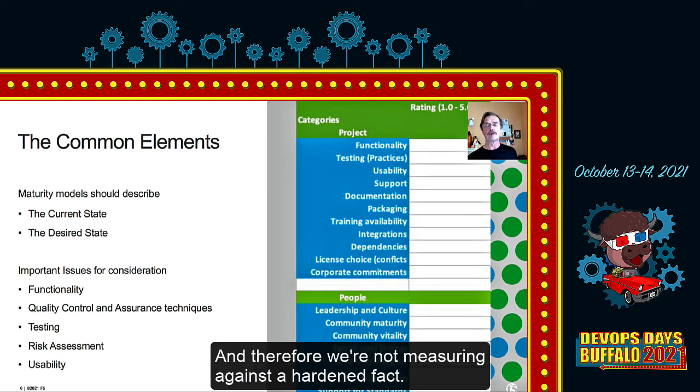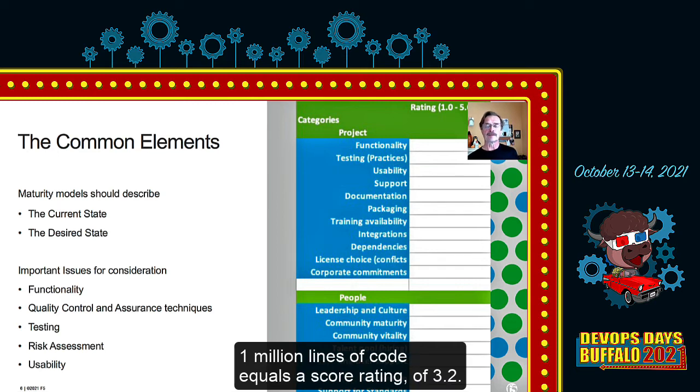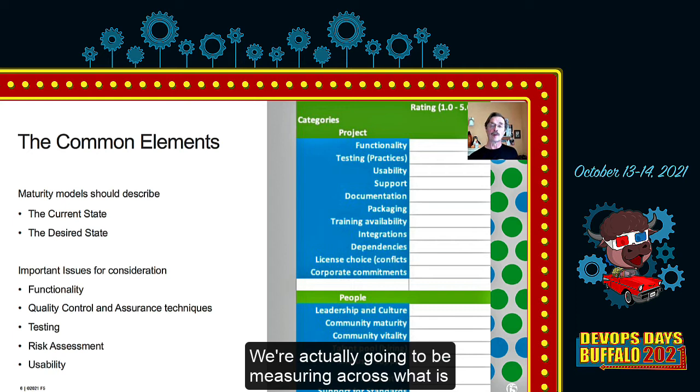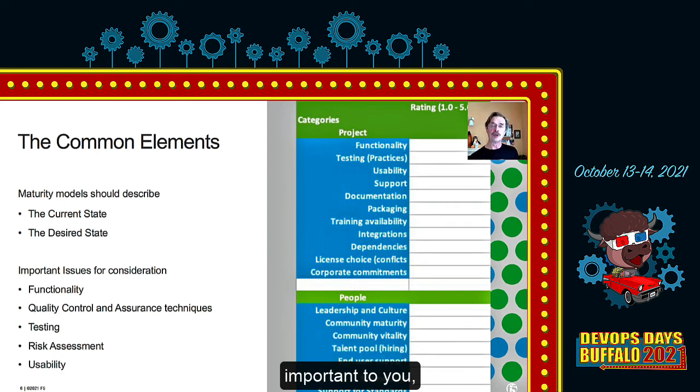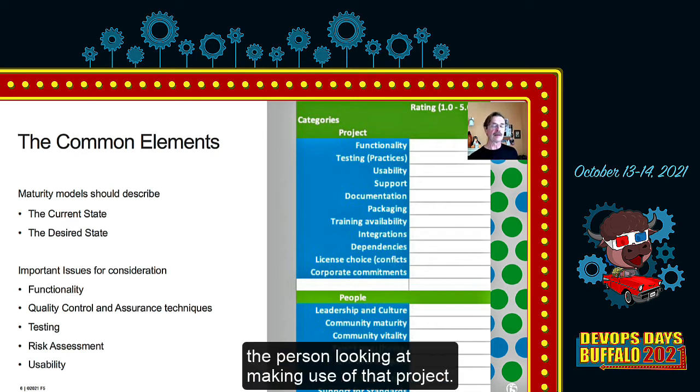And therefore, we're not measuring against a hard and fast 1 million lines of code equals a score rating of 3.2. We're actually going to be measuring across what is important to you, the person looking at making use of that project.